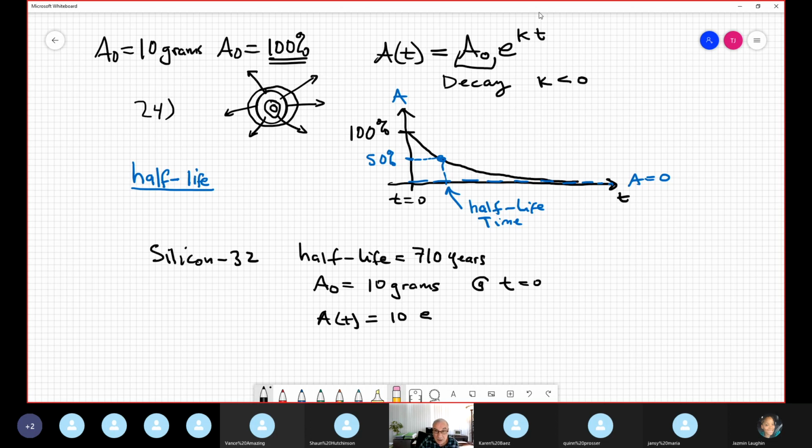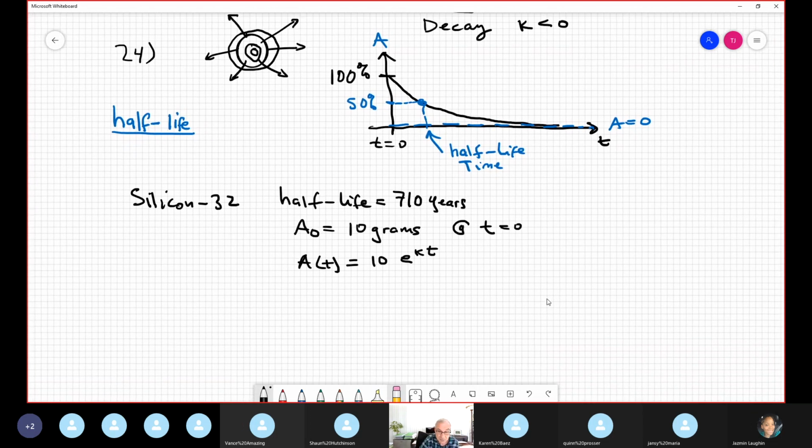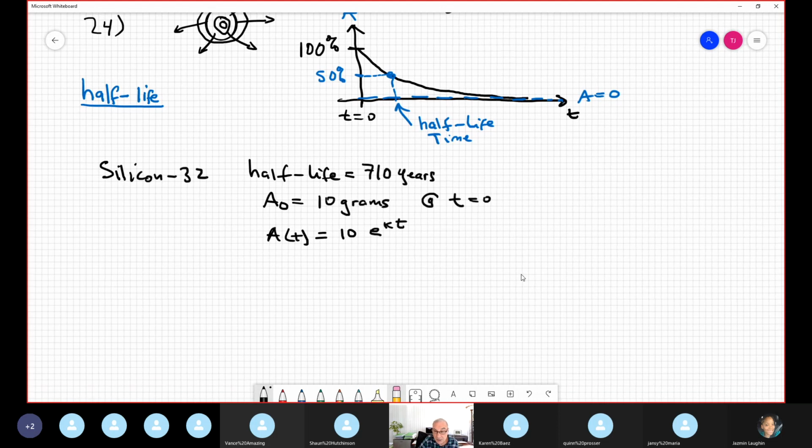Exponential kt. And k represents the rate of change, no? The rate of change. Okay, I know we are in front of a decay problem, therefore we expect the rate of change is negative.